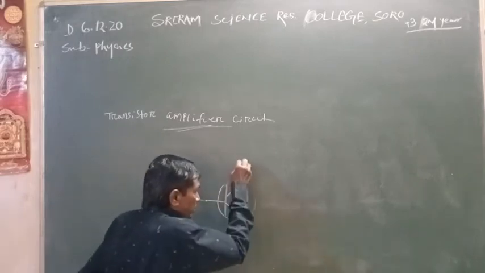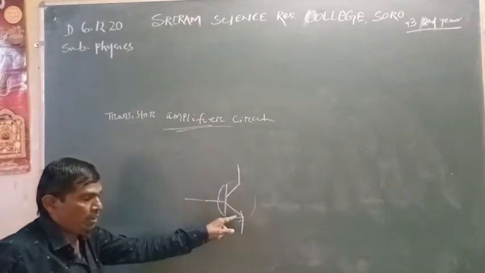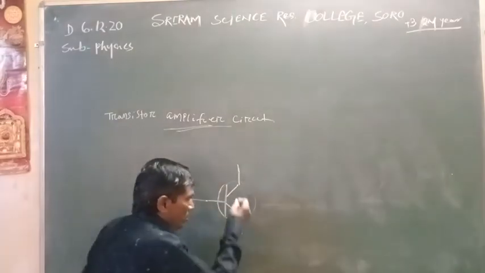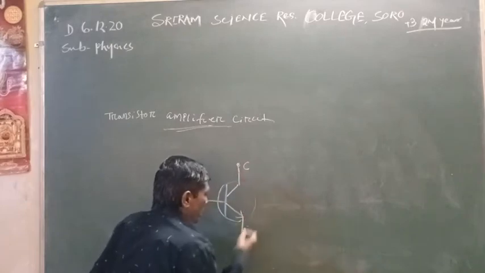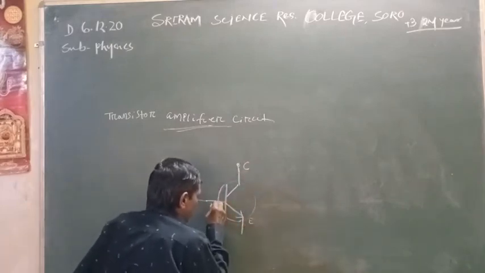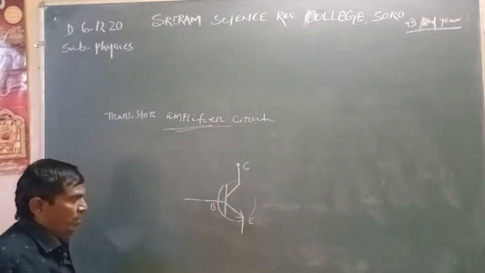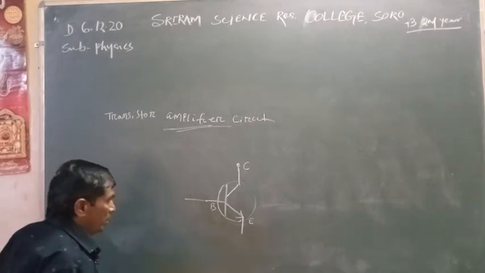This is the NPN transistor because the arrowhead points outward. Here is the collector terminal, this is the emitter terminal and this is the base terminal. Now we apply voltage and current.